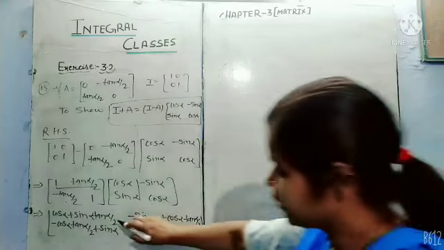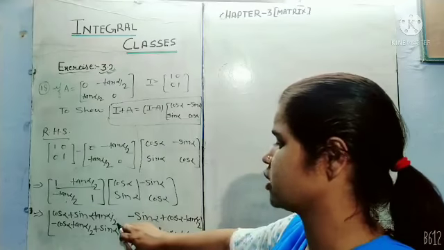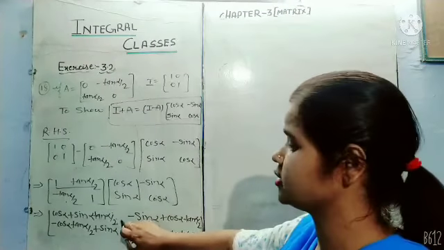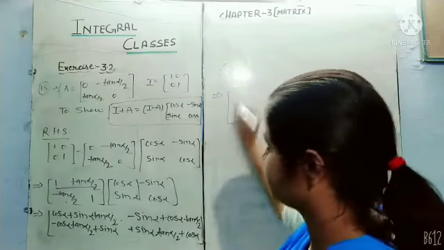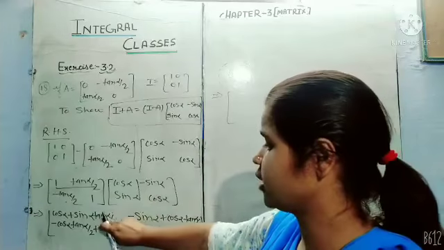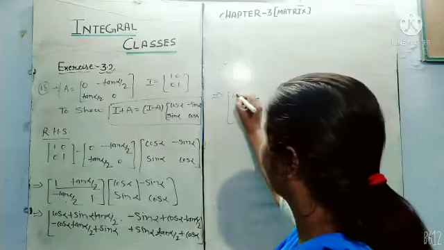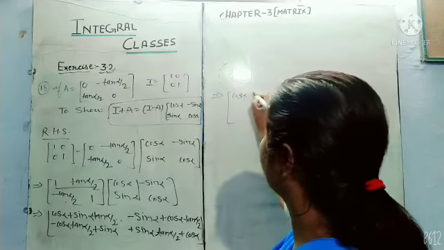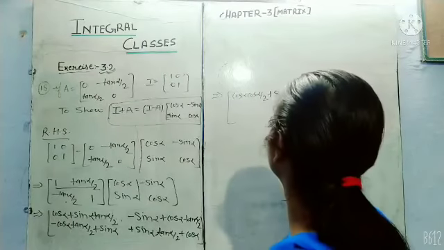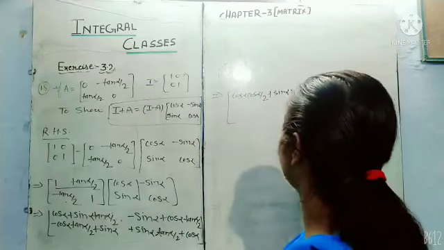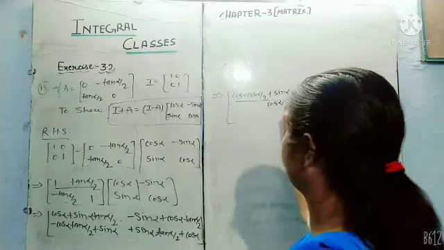Now in the next step we will write tan(alpha/2) equal to sin(alpha/2) upon cos(alpha/2). Then we will take the LCM also. So we will get tan(alpha/2) equal to sin(alpha/2) upon cos(alpha/2), so cos(alpha/2) multiplied by cos alpha, and cos alpha/2 plus sin alpha sin(alpha/2) upon cos(alpha/2).